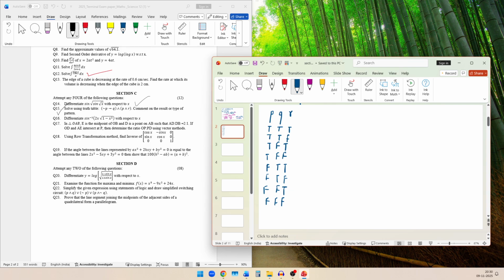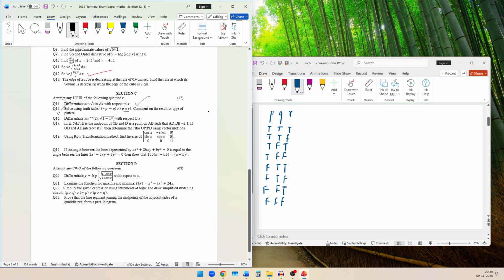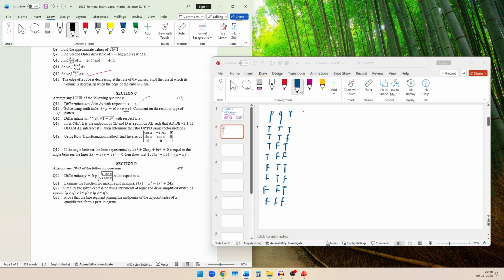Okay, next, which is the easier one? Let's do p and r first. So p and r, I should get true, false, true, false, false, false, false, false.